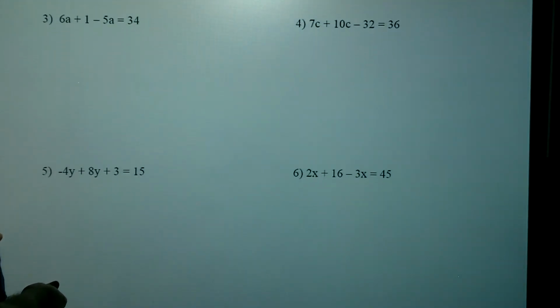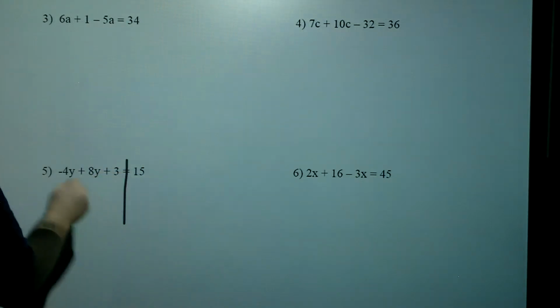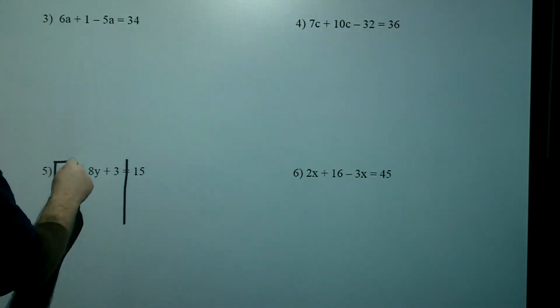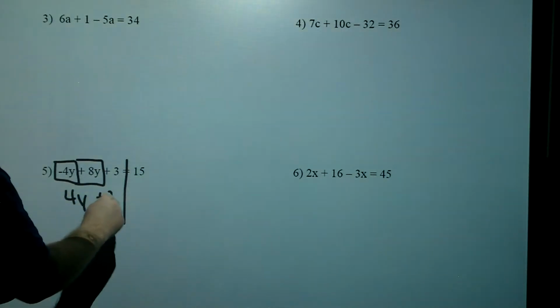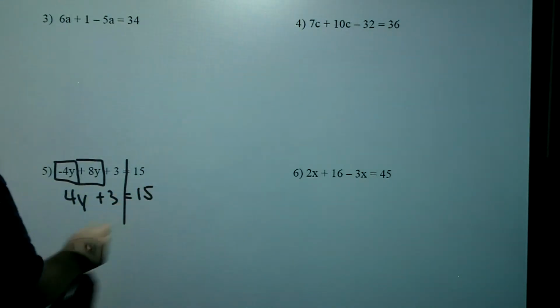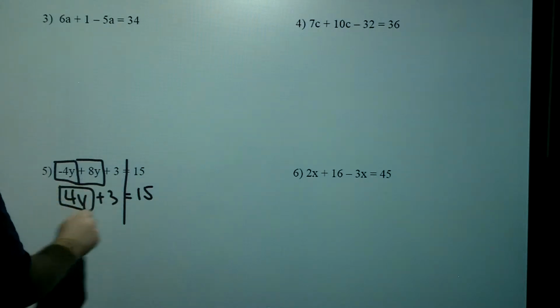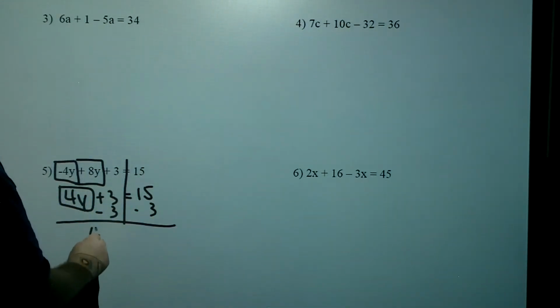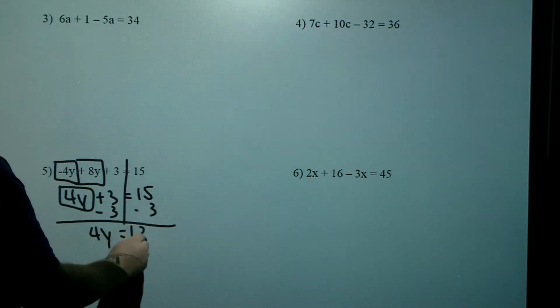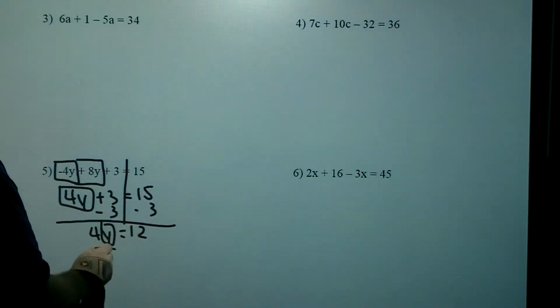We'll do the bottom 2. Combine negative 4y and positive 8y, which is 4y. Plus 3 I bring down is 15. I need 4y by itself, so I subtract 3. 4y equals 12. Divide by 4.